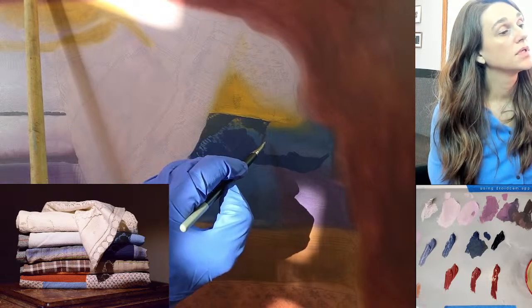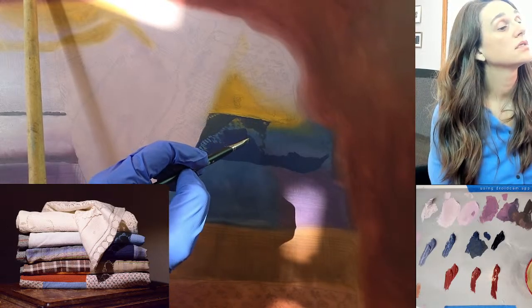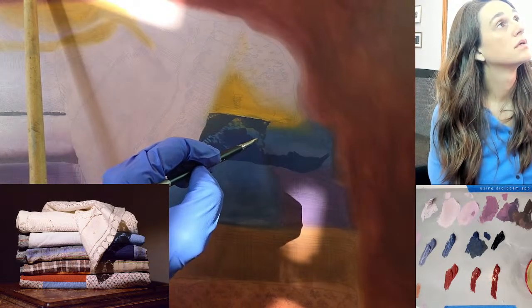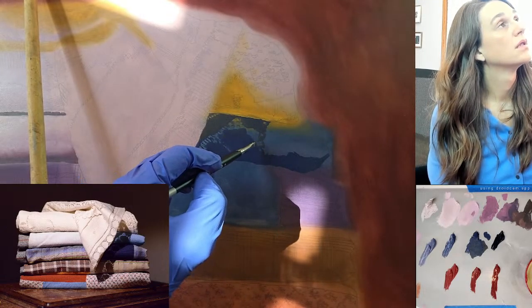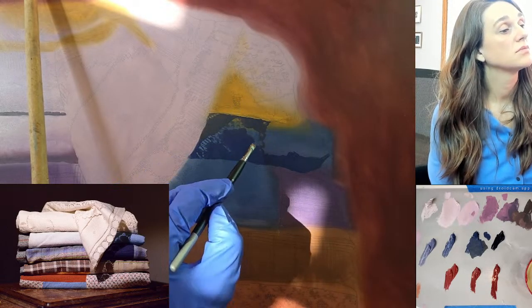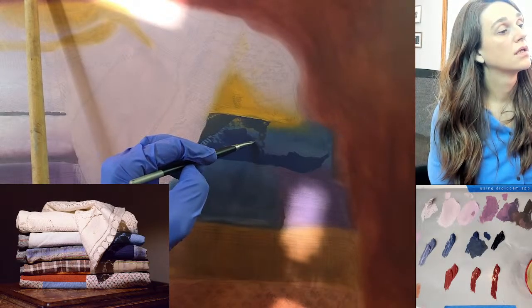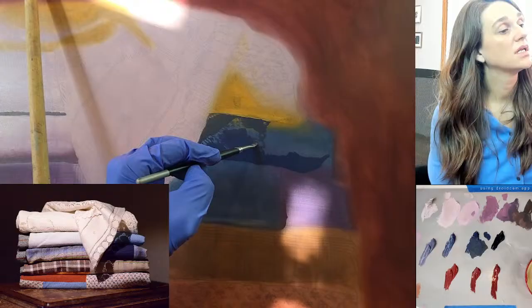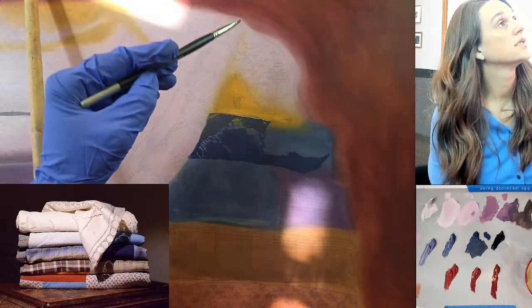Okay, we're going to come in here, and it comes across like this. And this comes like this, and then we've got some thin lines again here that bleed in there.